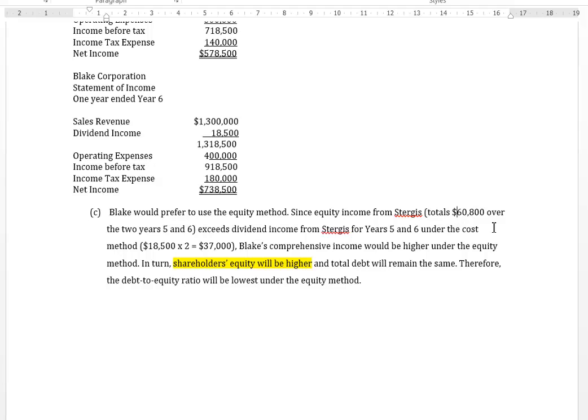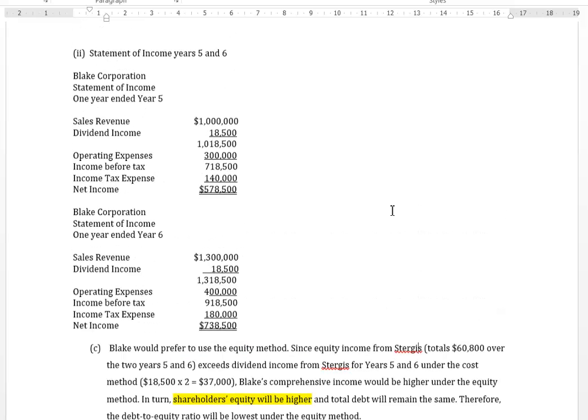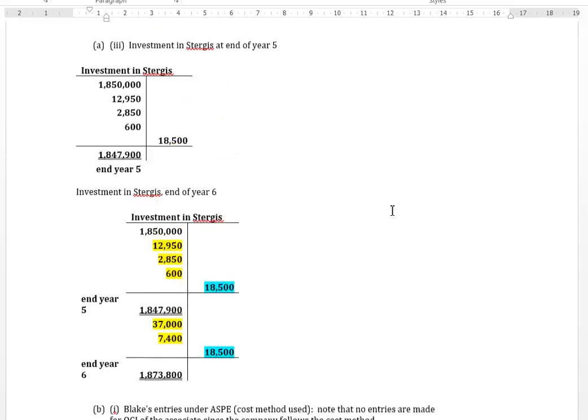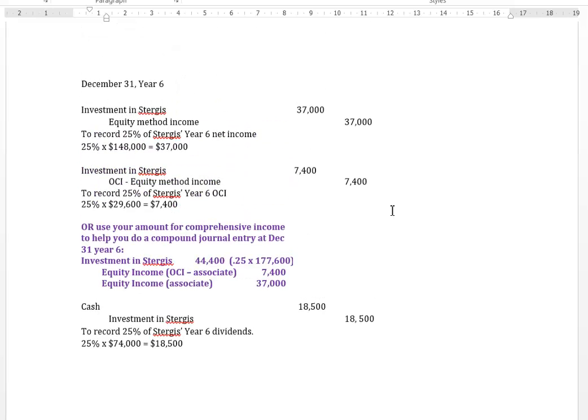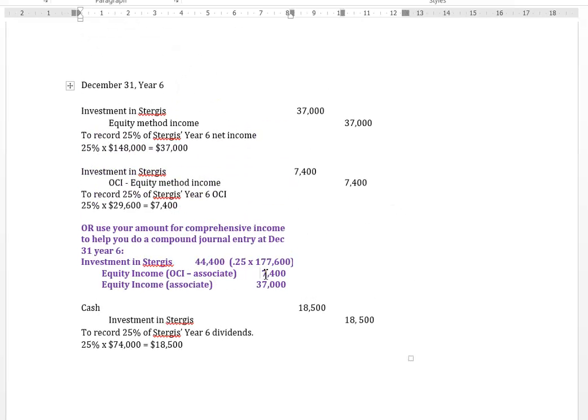Well, if you go back and look at all the equity income that you took in year 5 and in year 6, when you debited the investment and credited equity method income, if you do a total of that, that's $60,800. How do we know? Well, sometimes, if you go back to those little purple entries, that might help you. You remember back here, we had equity in the associate that we took in. If you did these two entries together, that would be $44,400 right here.